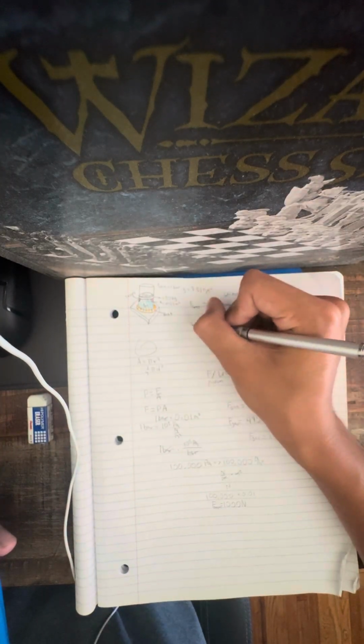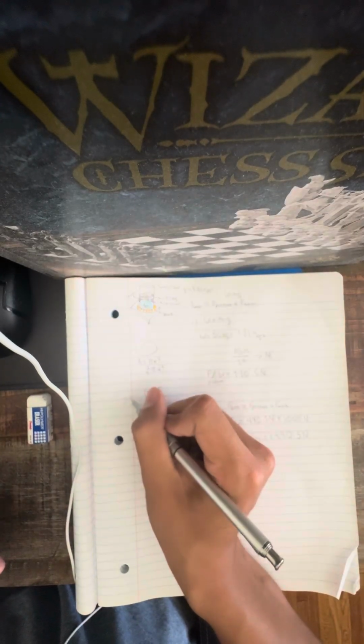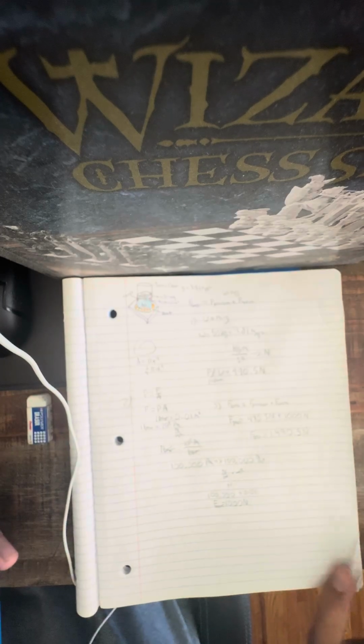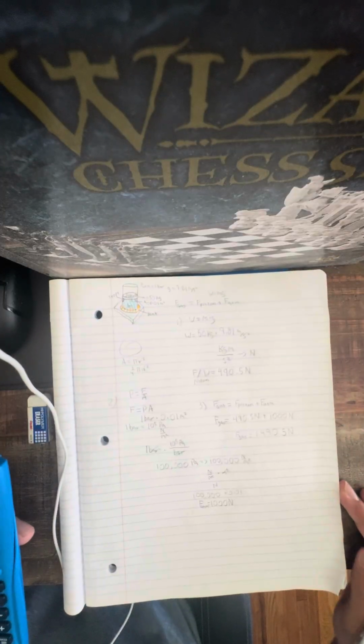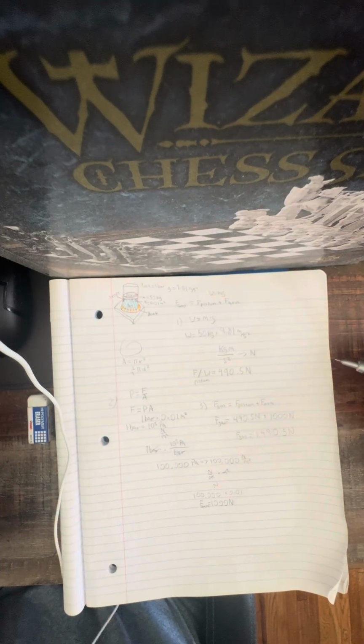So this was essentially our step 1, step 2, step 3. Now we have done a lot of work and we did get our force for gas, but remember the problem asked for the pressure in bar needed to lift.